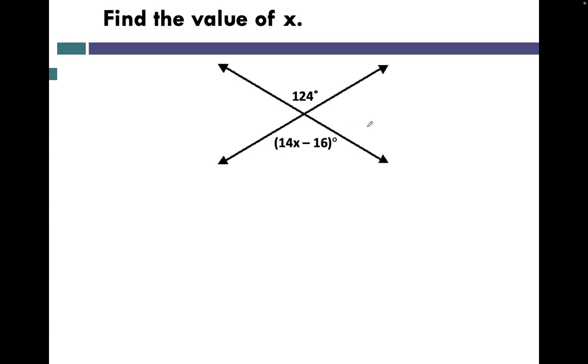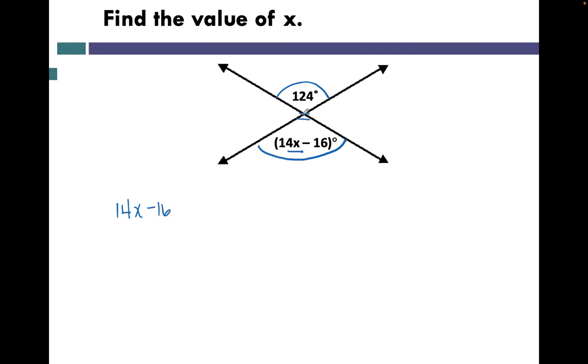Let's try this example. In this diagram, we are trying to find the value of x in this expression 14x minus 16. These angles shown are what are called vertical angles, and as we recall, vertical angles are congruent as well, just like the corresponding angles we used in the last example.